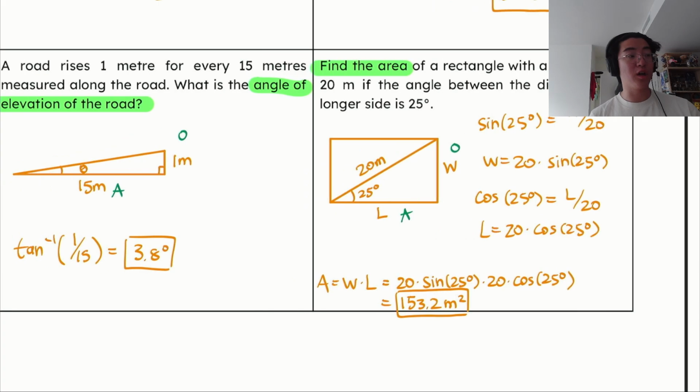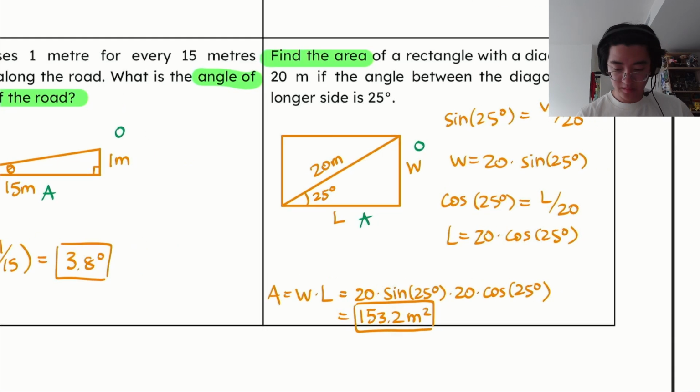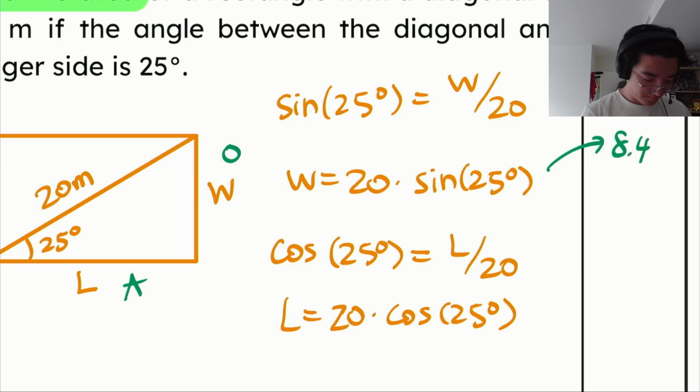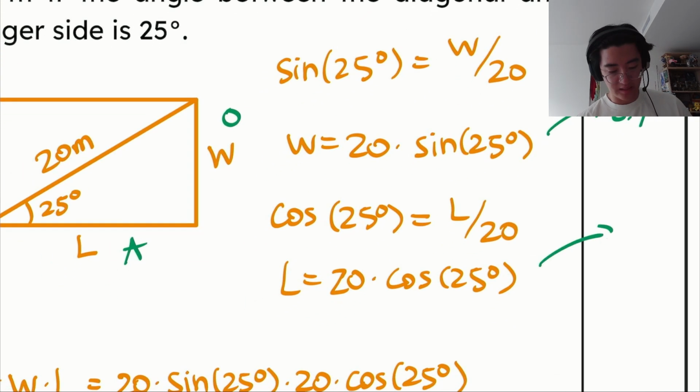So make sure you do not round the numbers first, because if we round the numbers first, in a calculator, the width right here is 8.4, and this right here is 18.1.